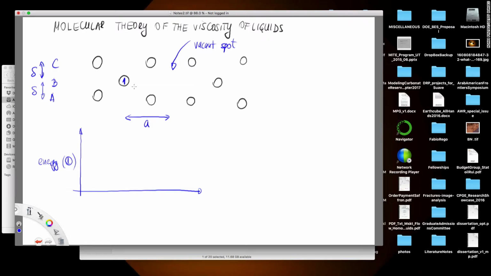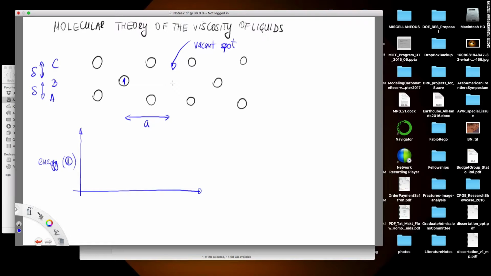It likes being in this position. It's right now here at the equilibrium, so relatively speaking, its energy is lower. And to squeeze through here, it needs higher energy. Once it gets through this position, it's going to go back to lower energy again, because it's an equilibrium position it's trying to get to.